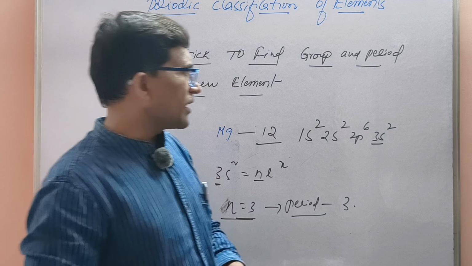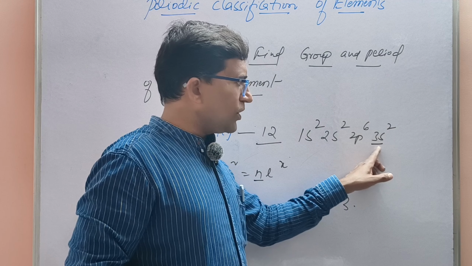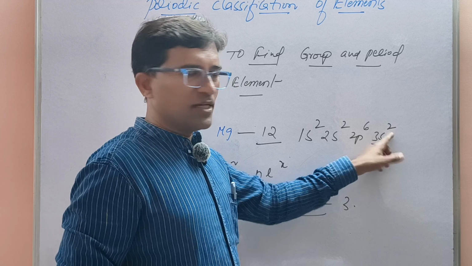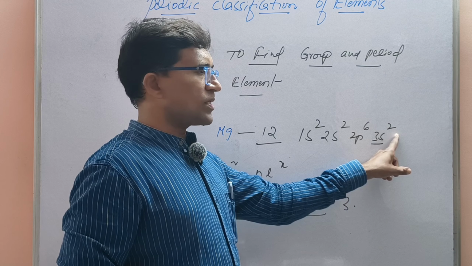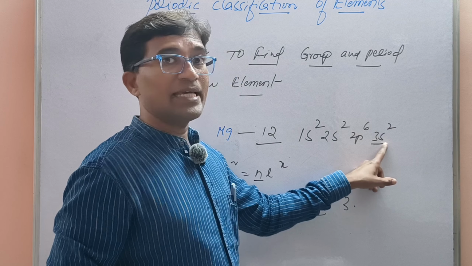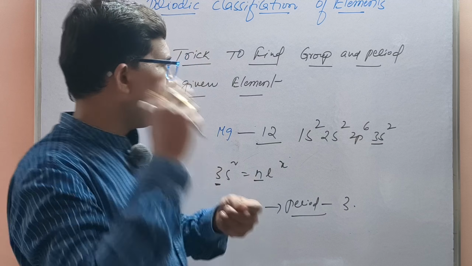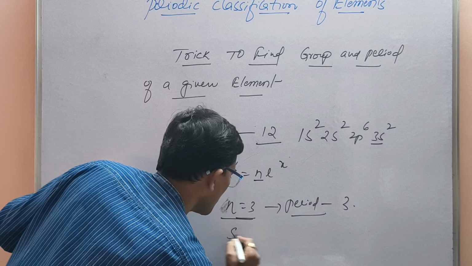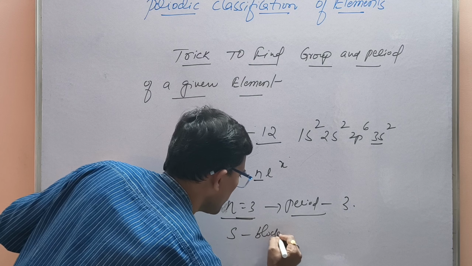And if you think about the electrons, in 3s2 we have 2 electrons. These 2 electrons are present in which orbital? S orbital. So it belongs to the s block.